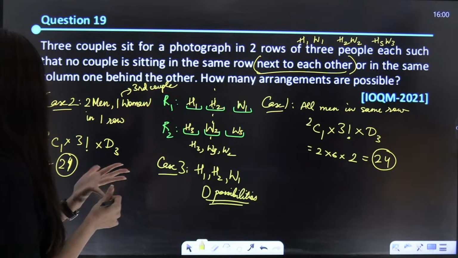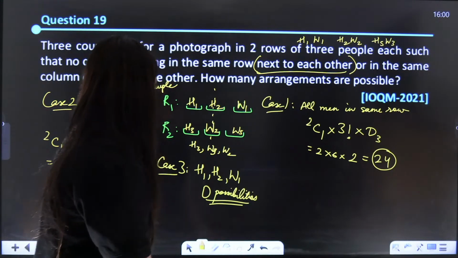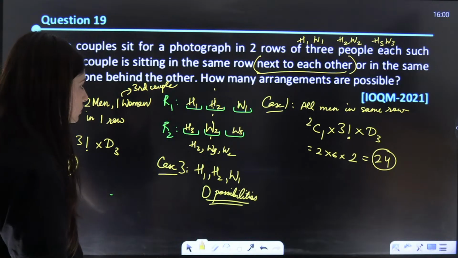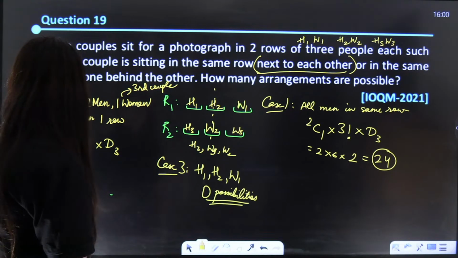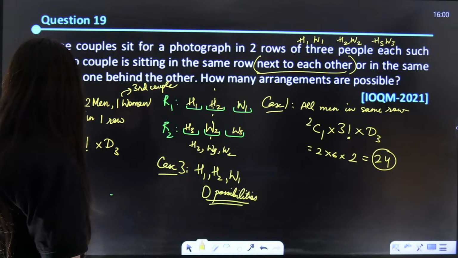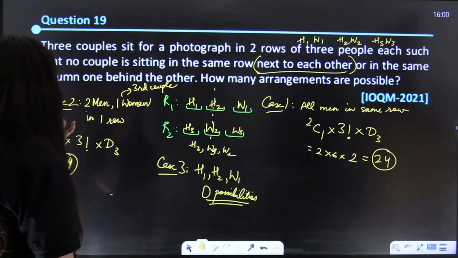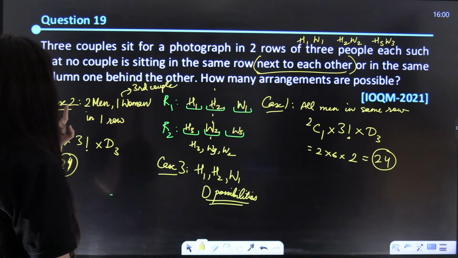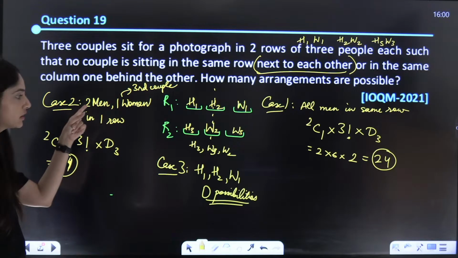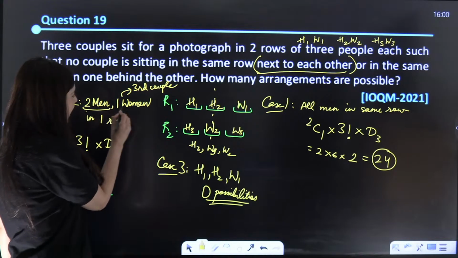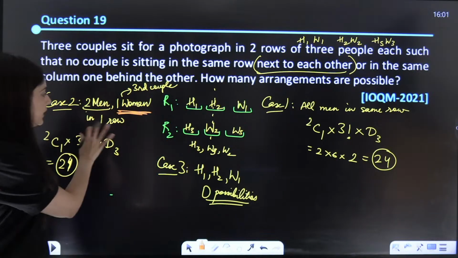Let's see just for a second what we're missing. All men in the same row. In this case, we have 2 men and 1 woman in the same row.